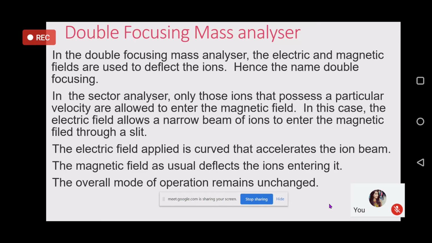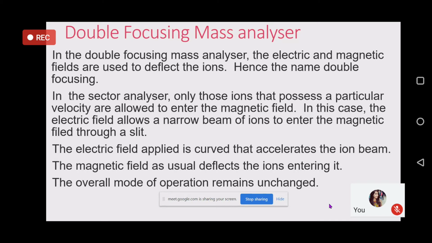So the double focusing mass analyzer is needed when you have mass fragments having the same m by z value, but not necessarily having the same velocity. And therefore, we say that double focusing is focusing with respect to direction, which means velocity, and focusing with respect to the mass. That is why it is called double focusing.